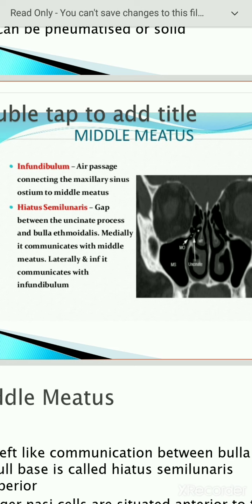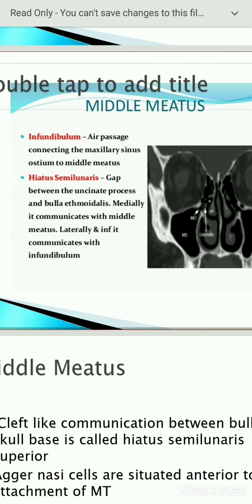It is a gap between the uncinate process and bulla ethmoidalis. Medially, it communicates with middle meatus. Laterally and inferiorly, it communicates with infundibulum. So this is hiatus semilunaris.